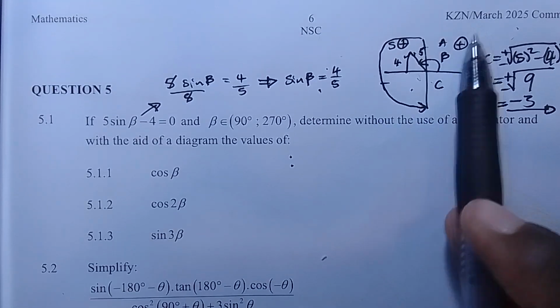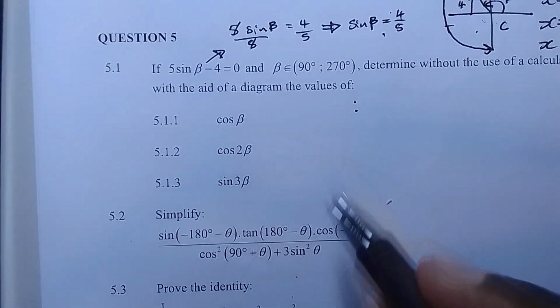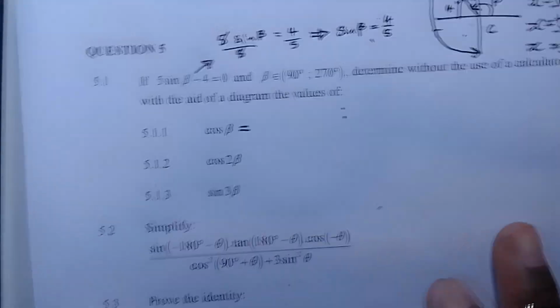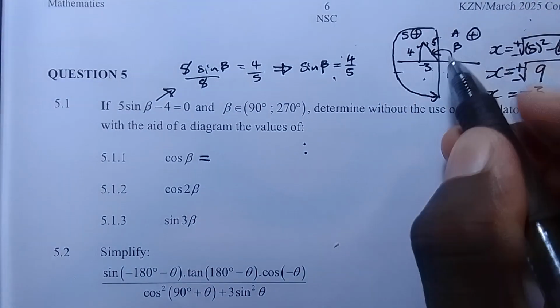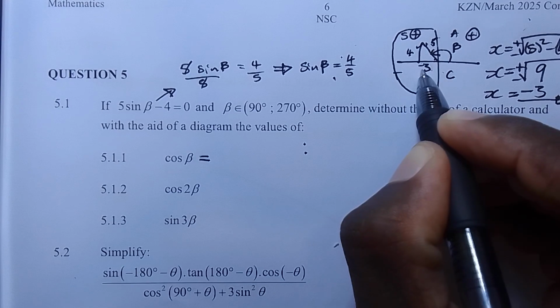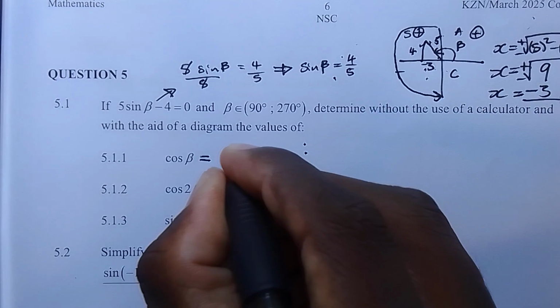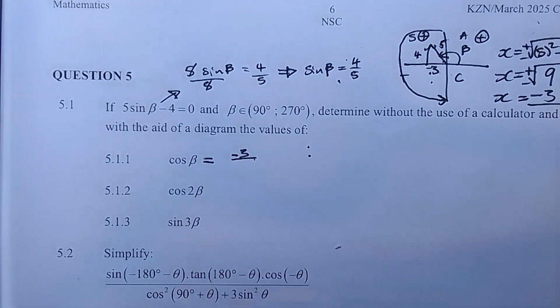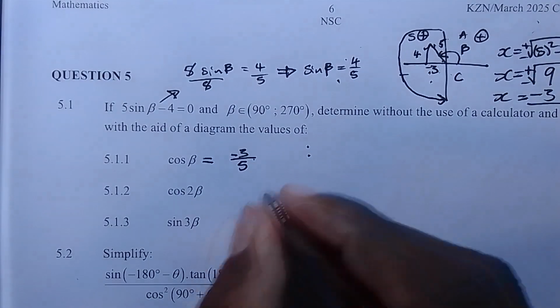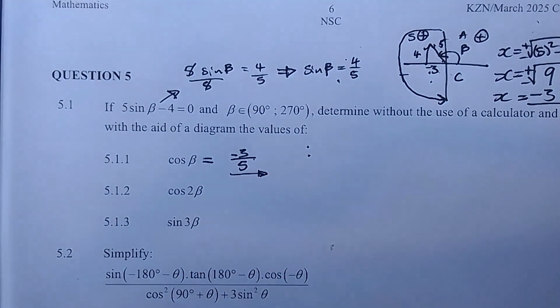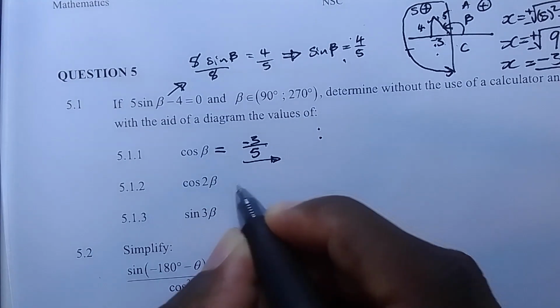Now let's come here. Cos beta, according to our diagram, is the adjacent, which is negative 3, divided by the hypotenuse, which is 5. Now we need cos 2 beta.